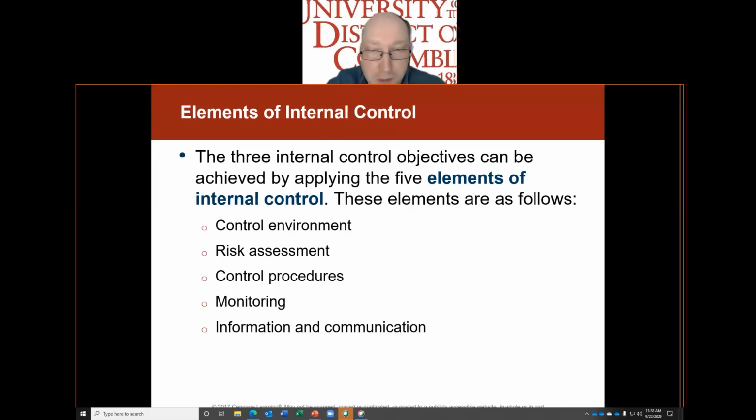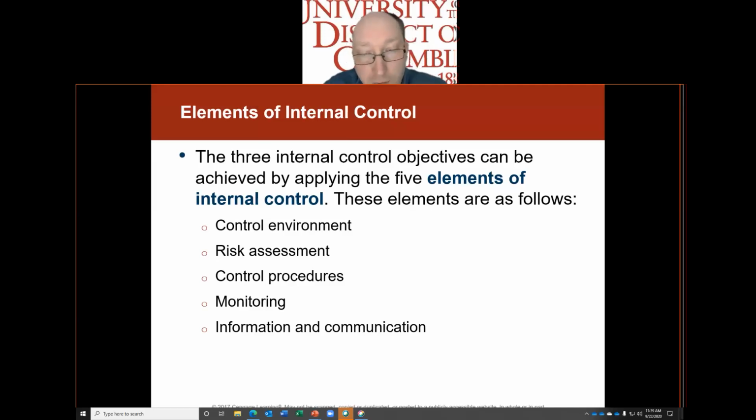Next one we'll talk about is monitoring. Monitoring is doing spot checks. A manager will come to your cash register, open it up, and verify the receipts. Of course cameras are part of monitoring, but they'll do spot checks. They'll count the inventory, make sure it's still there, and match it against the receipt from the register. That's monitoring, another process of control.